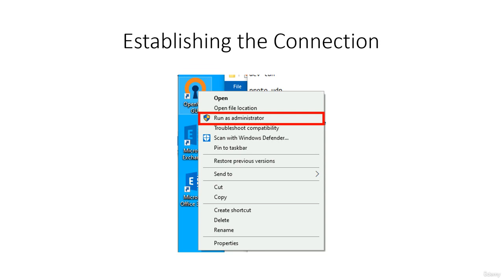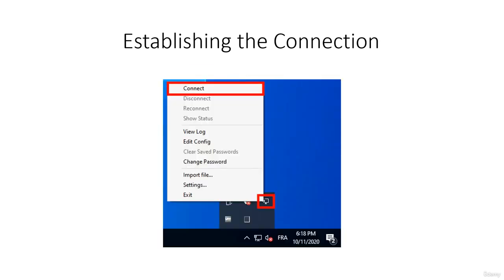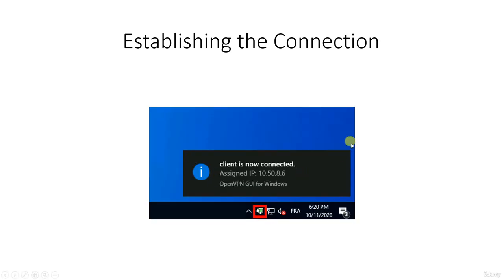After clicking run as administrator, it will open a shortcut in your taskbar. Right-click on this button, which is the computer icon, and click connect, and a pop-up will confirm whether you are connected or not. If you are connected, it will look similar to this, in OpenVPN GUI for Windows.